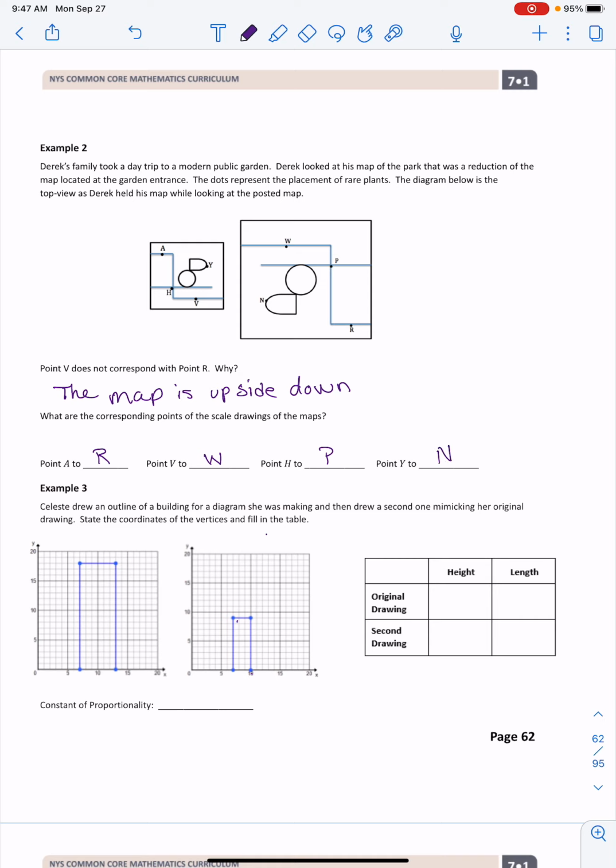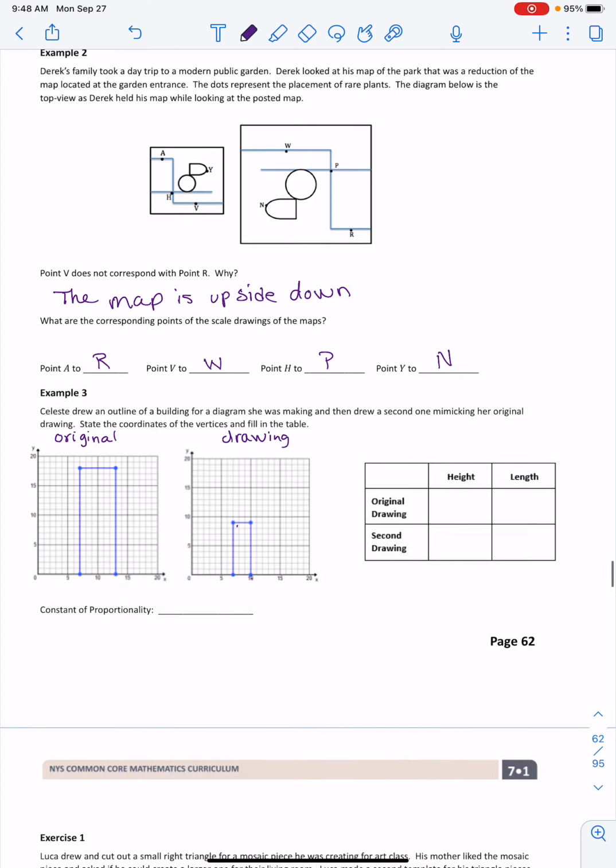Example 3. Celeste drew an outline of a building for a diagram she was making and then drew a second one mimicking her original drawing. State the coordinates of the vertices and fill in the table. Well, for this one, this is her original, number 1. Number 2 is the drawing.